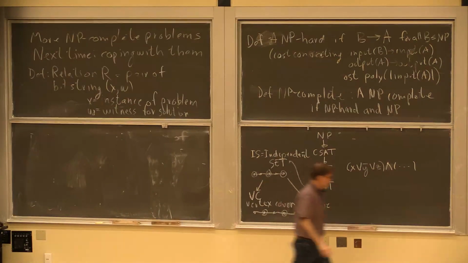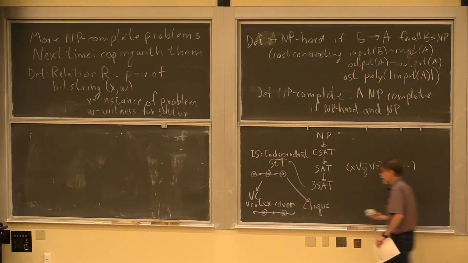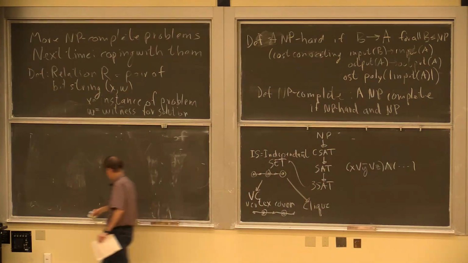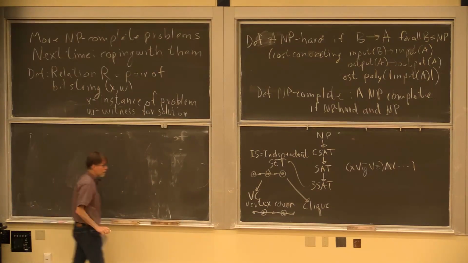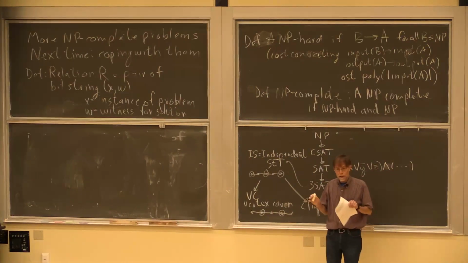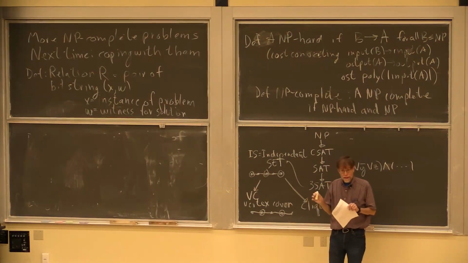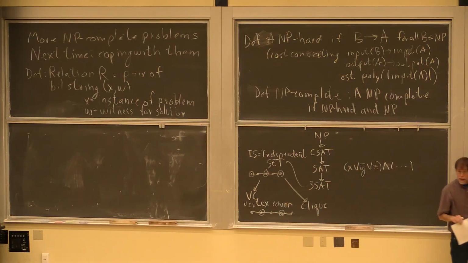So I'll move my colored chalk back over here. So we're going to use sort of the same trick that we did before. We're going to build gadgets out of particular sets of triples that are going to model the 3SAT problem.